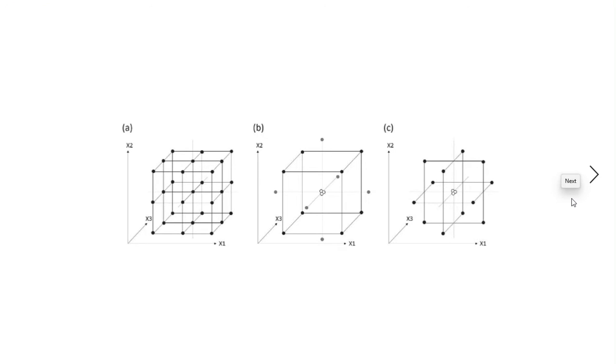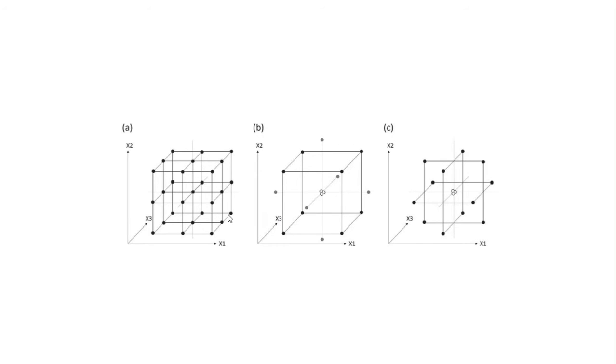Today I'm gonna show you how to analyze the data using full factorial design. A full factorial experiment is an experiment whose design consists of two or more factors, each with discrete possible values or levels, and whose experimental units take on all possible combinations of these levels across all such factors.